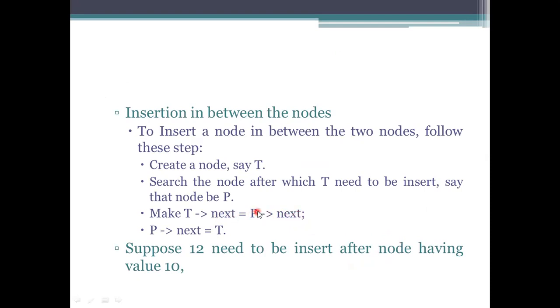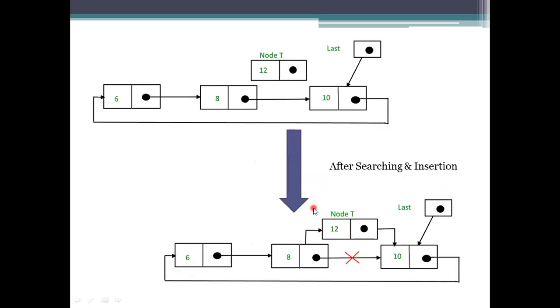P means the element you are searching for, here 8. P's next is 10, so P's next will be the node T's next. That is why, between cancelling the link and removing the link, it is adding the link here, and we are inserting the value into this one. So this is the insertion of the elements that we are having here.